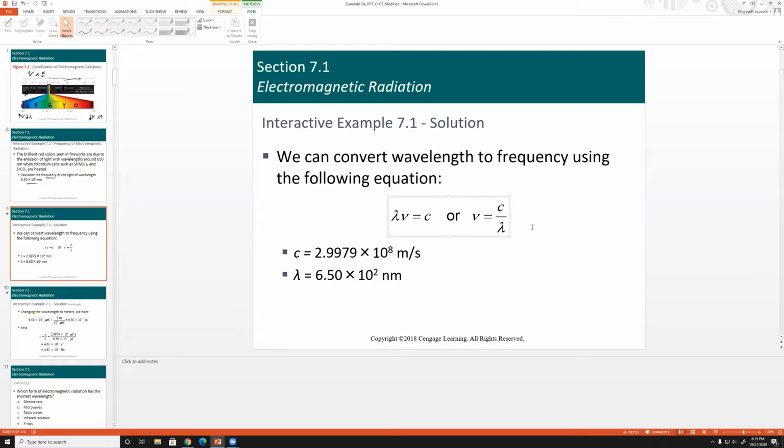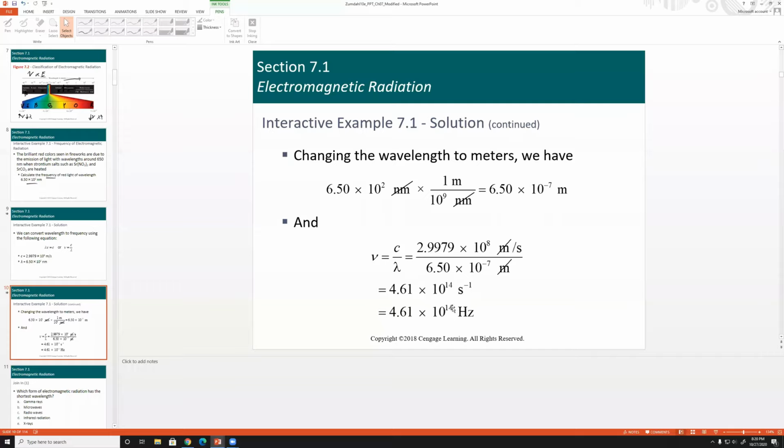It's going to be 10 to the negative 7 meters, right? And our C is going to be 10 to the 8th. So 10 to the 8th divided by 10 to the negative 7, that's going to be a big number. So our answers for our frequency are always going to be in the realm of 10 to the 14, 10 to the 15. So if you see those high numbers, don't be alarmed. Just letting you know.